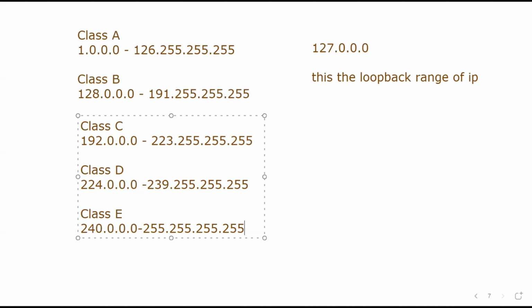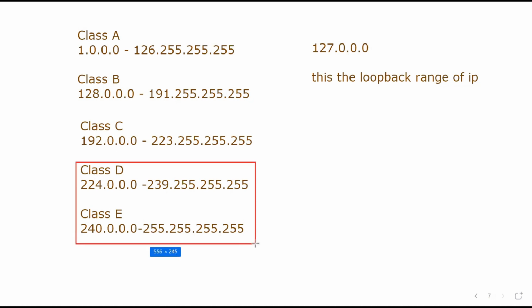So these two classes, class D and class E, are fixed for defense research and development.